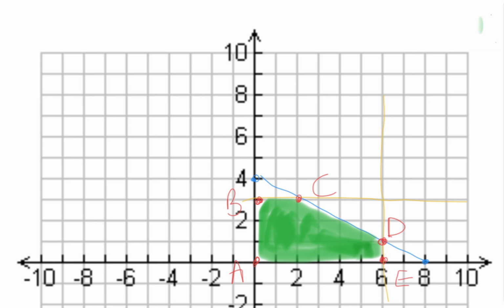Orally speaking, profit at point A would be profit at 0, 0. So A is 0, 0. Since our profit function is 4x1 plus 3x2, this would give us a profit of 0. Point B and C, let's compare both of these.